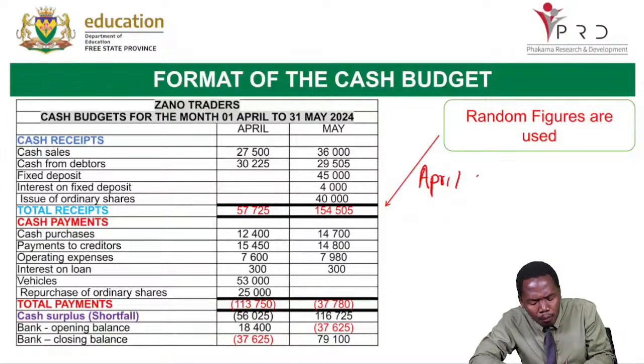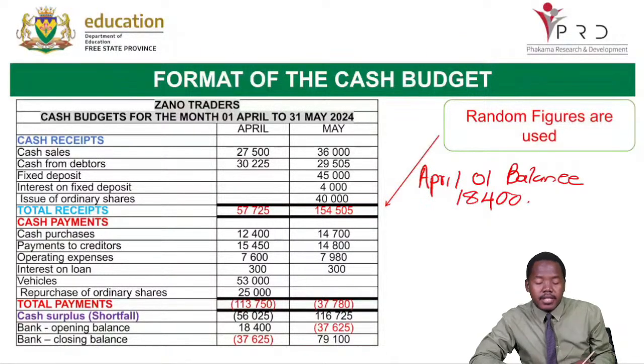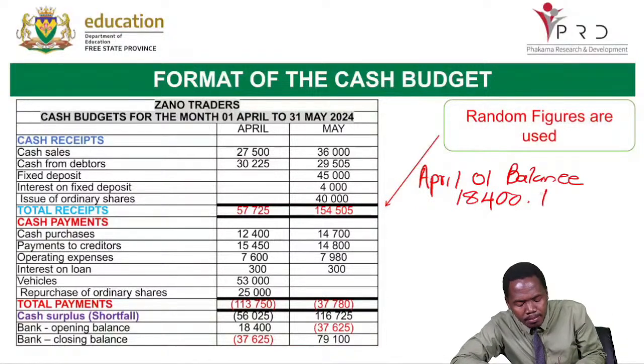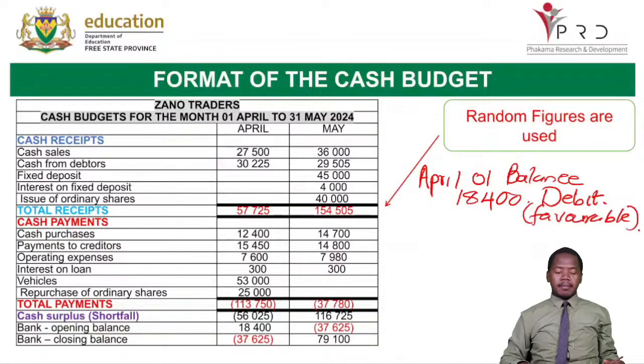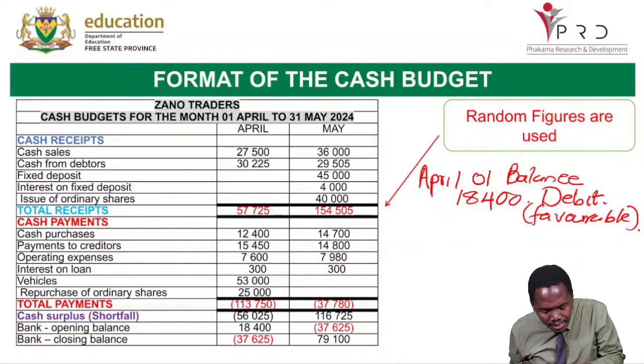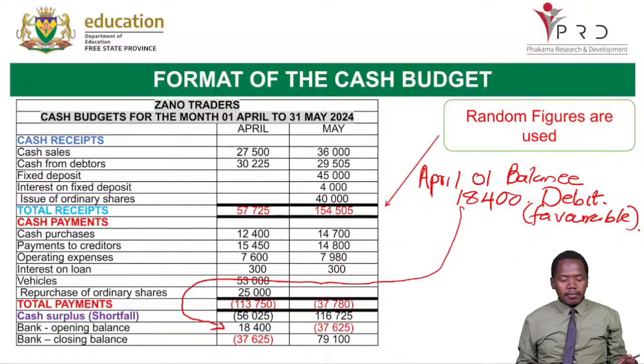Maybe the question was saying April 1 balance is 18,400. If the transaction is saying like this, and this balance is on the debit side or is favorable, what does it mean? It means that that amount must now go down and be recorded as our opening balance that is positive.